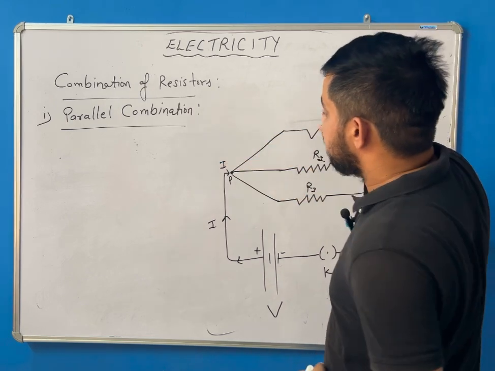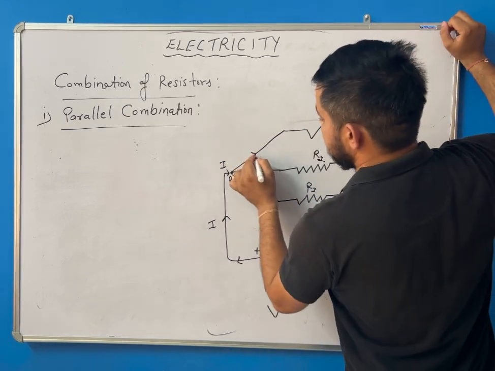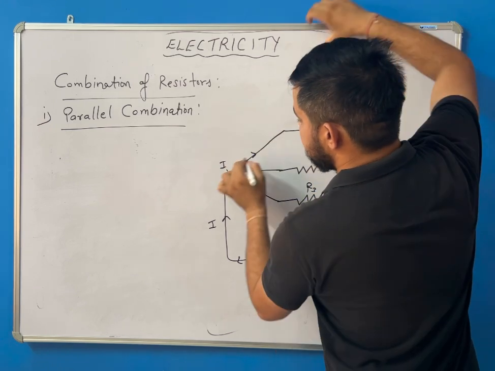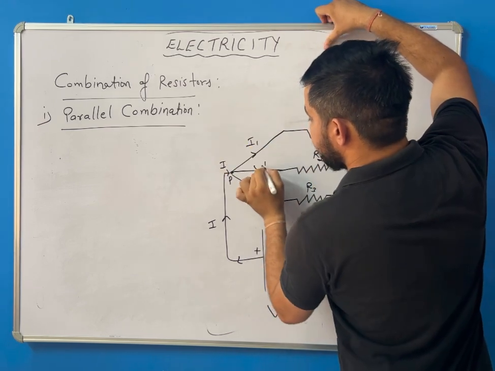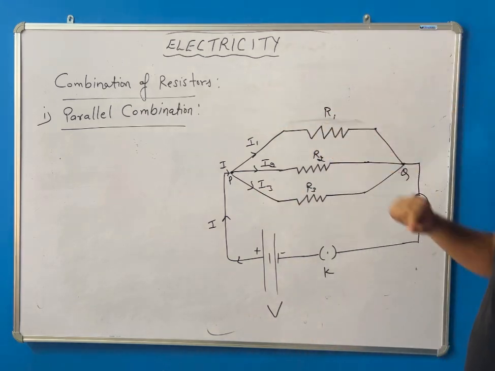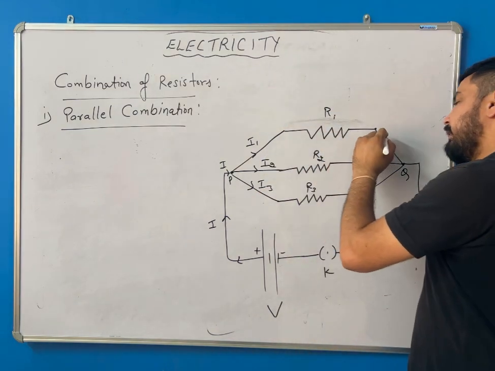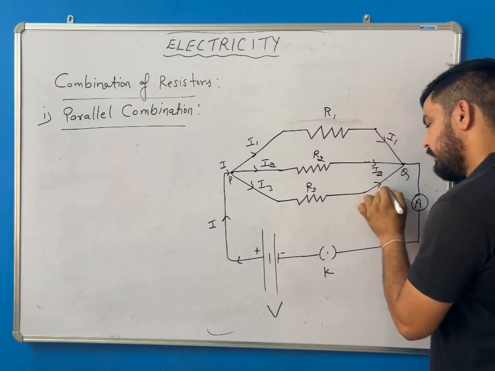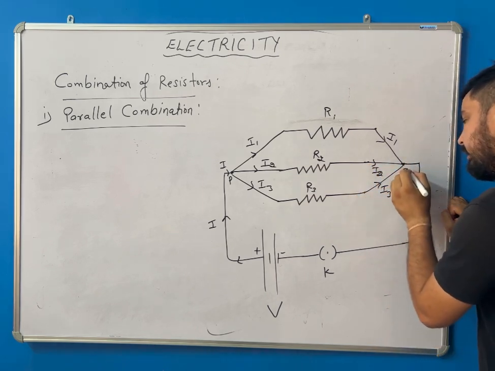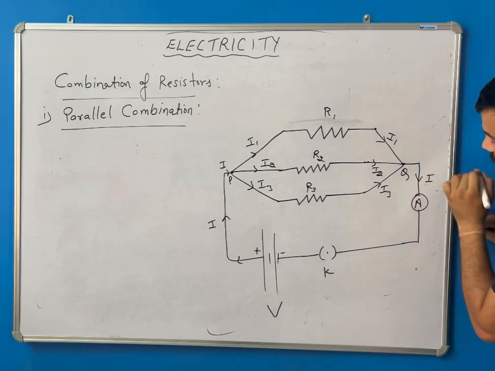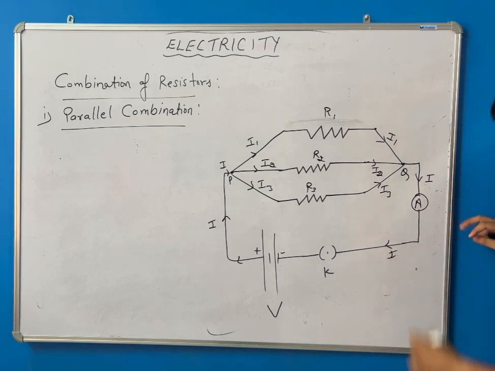This I has three paths, in this way. Then I is divided into I1, I2 and I3. In a similar way, after passing through point Q, you will see that the total current is equal to I.